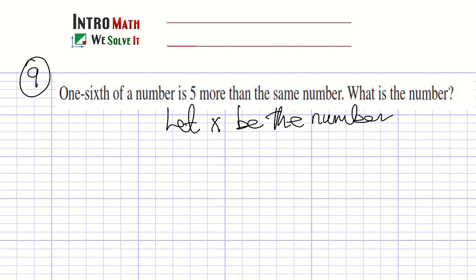And they say 1/6 of the number is 5 more than. It's comparing the number to itself. So it says 1/6 of x is 5 more than the same number.